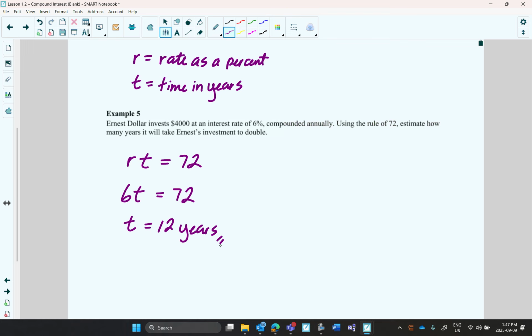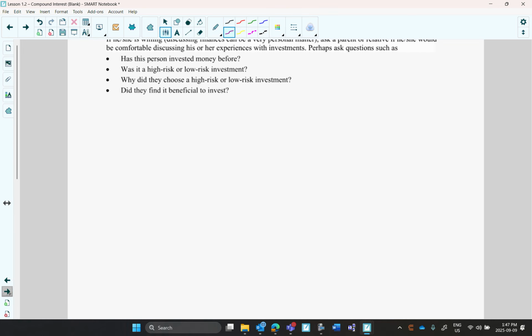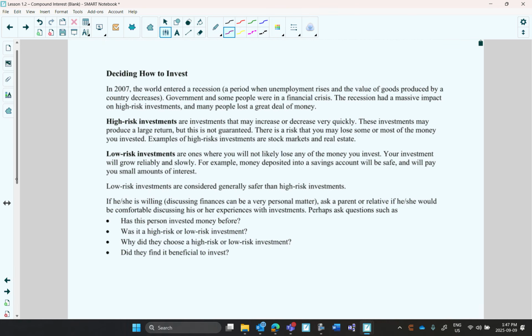And finally, just a couple of things here. Interesting. I'm not going to read through everything here, but it just talks about deciding how to invest. And investing is kind of like gambling in a way. You've got high risk investments or low risk investments.